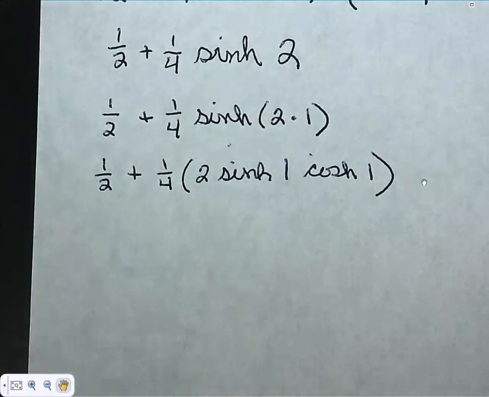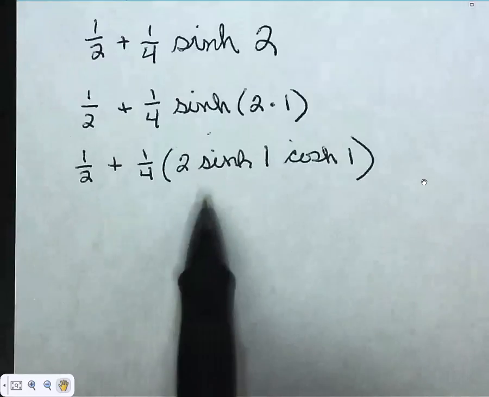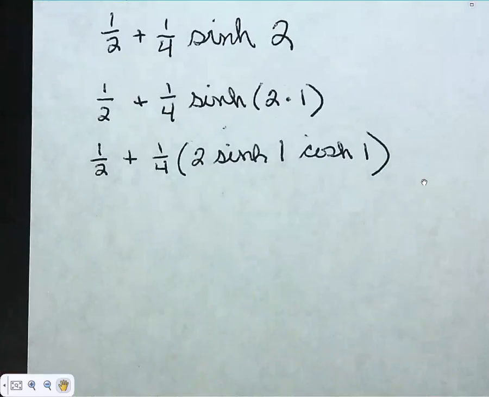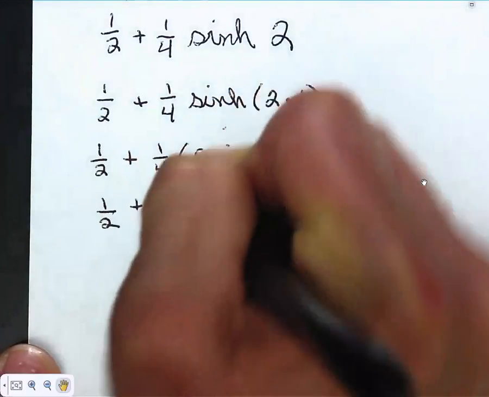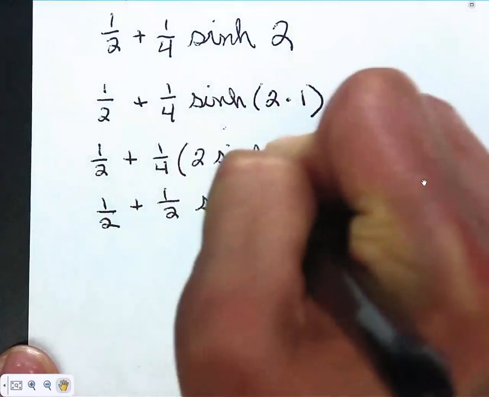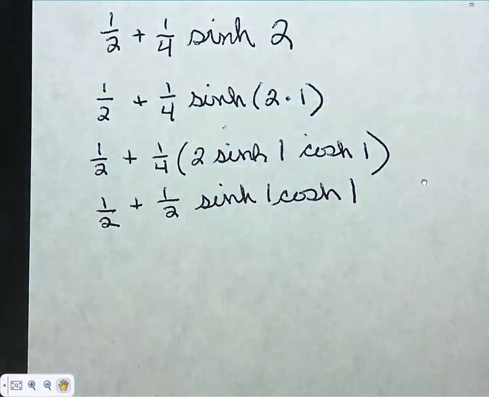And then, let's see, what do they do after that? Obviously multiply the 1/4 times a half. Yeah, they just left 1/2 plus 1/2 sinh 1 cosh 1. So dumb.